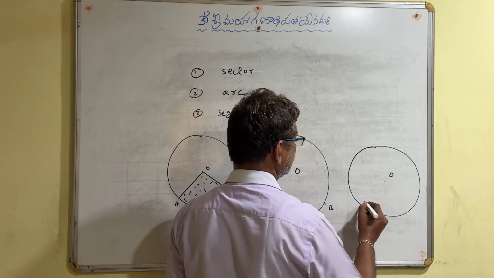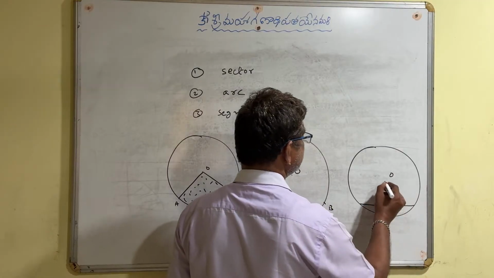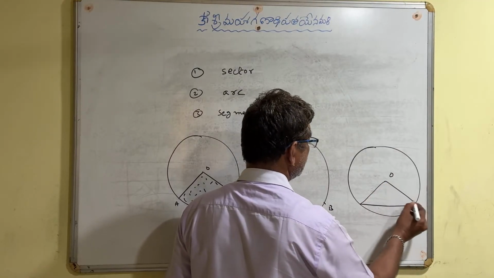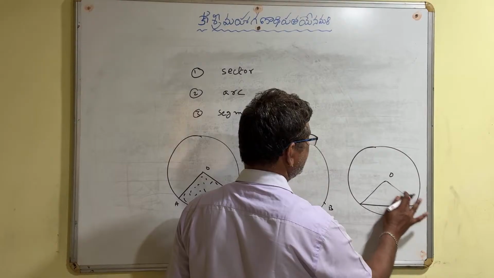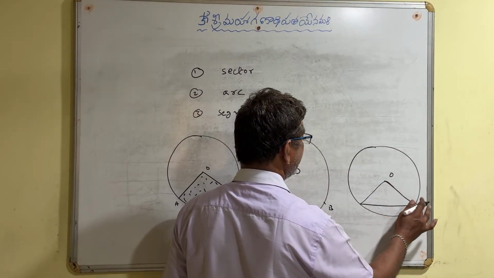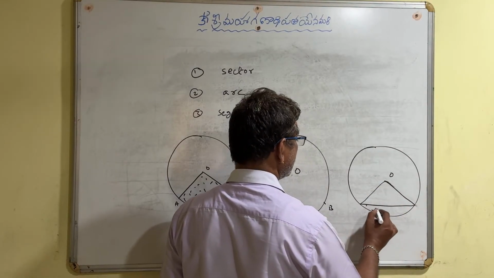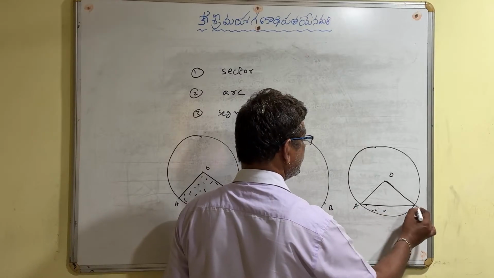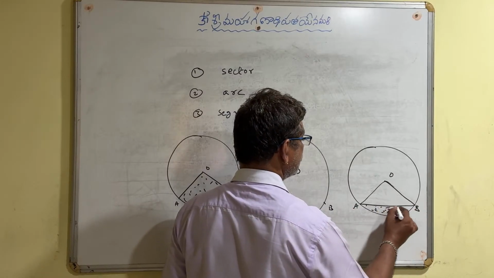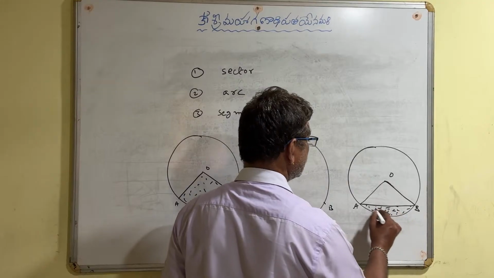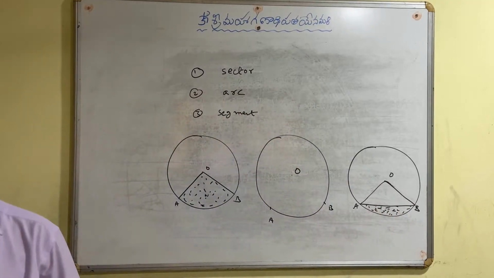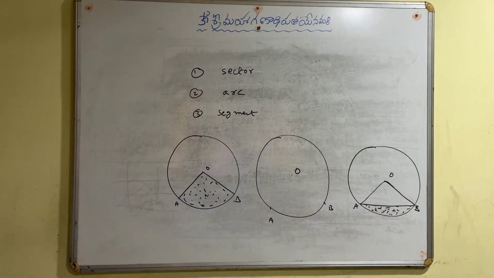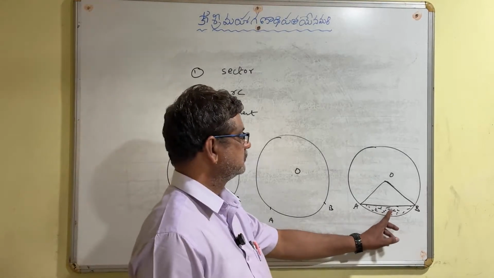Segment is the region bounded by a chord and its corresponding arc.